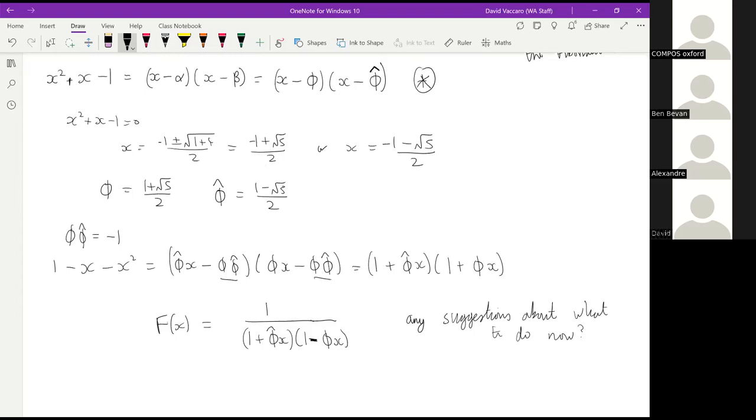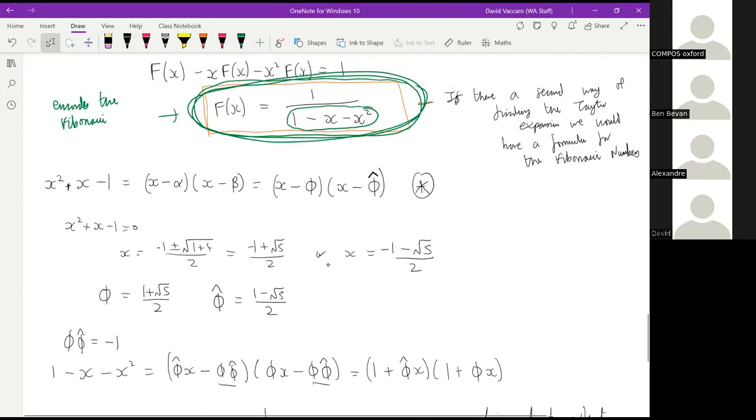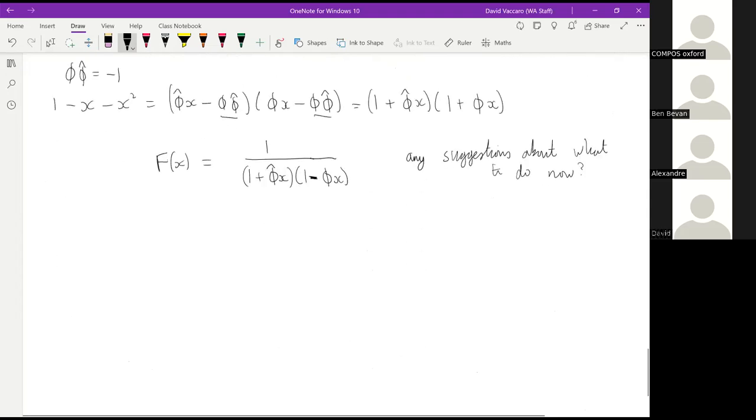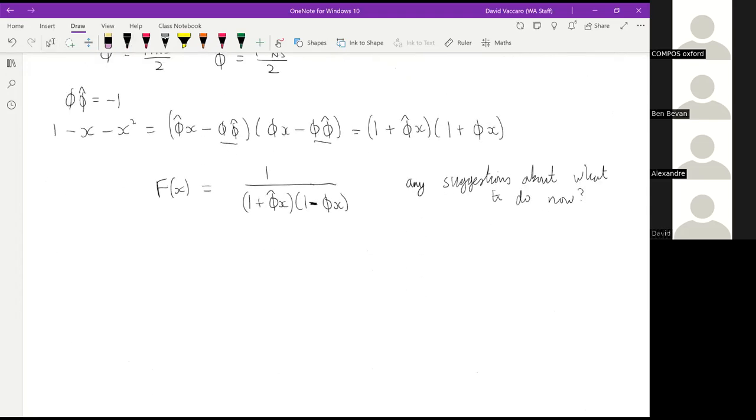So what I've done is factorize the quadratic at the bottom, and I've rewritten it in terms of its roots, phi and phi hat.